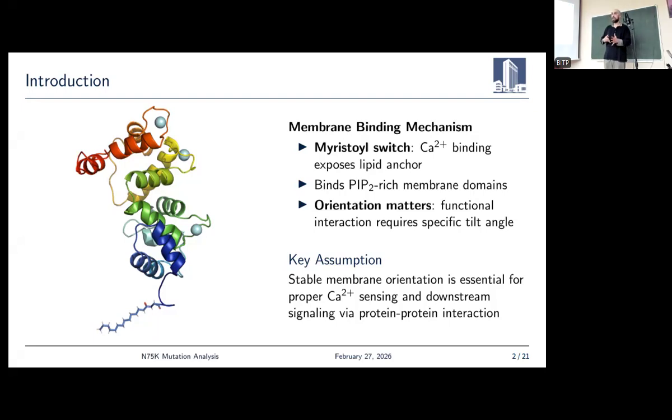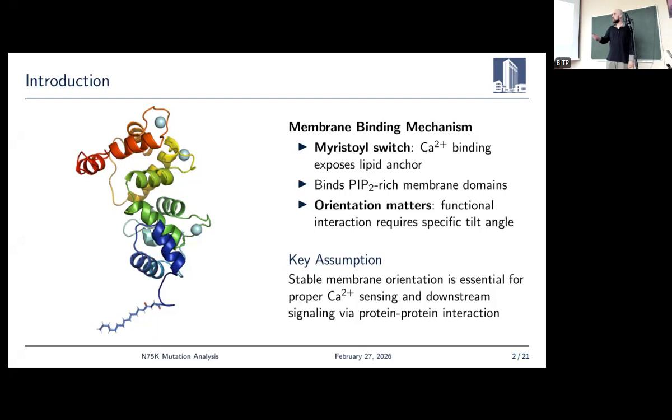By binding two calcium ions, this protein activates the myristoyl switch by releasing the N terminal from the hydrophobic pocket of this protein.